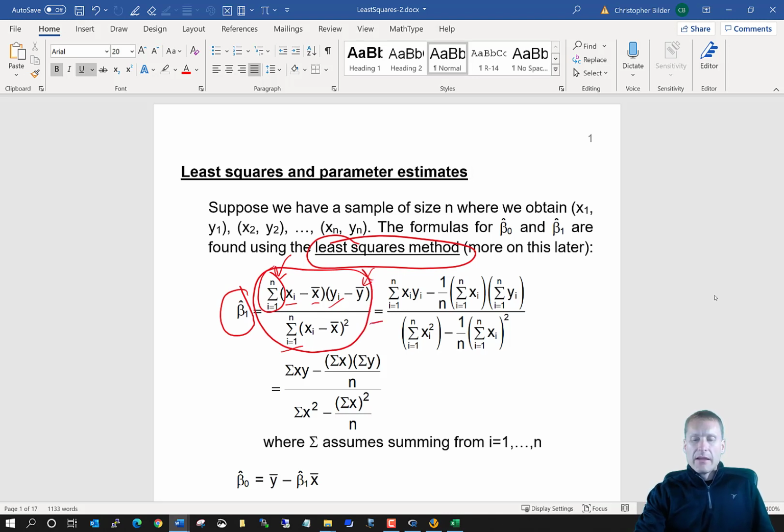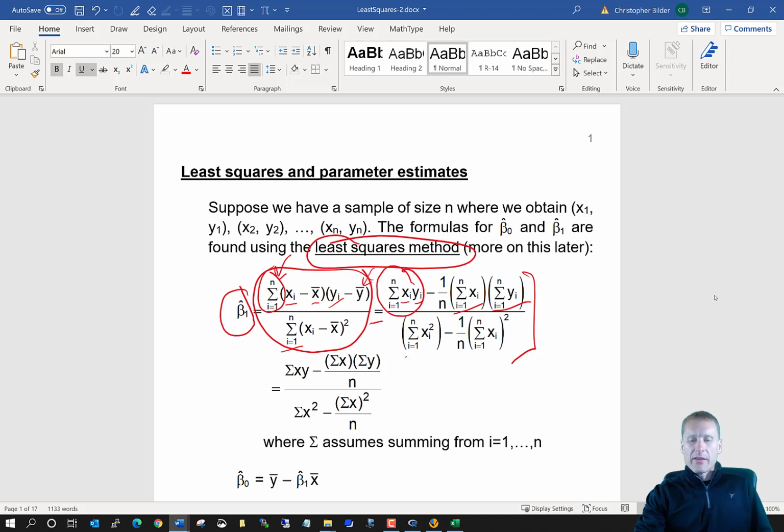Through some algebra, you can actually show that this expression is equal to this expression, where now we take each of the x's times its corresponding y for the same observation, and add it up. Then subtract 1 over the sample size n times the sum of all the x's times the sum of all the y's.